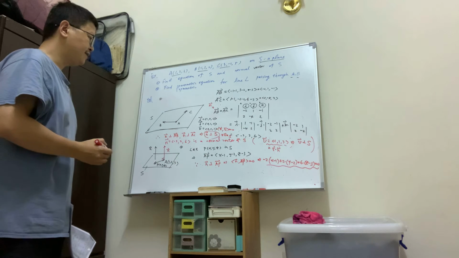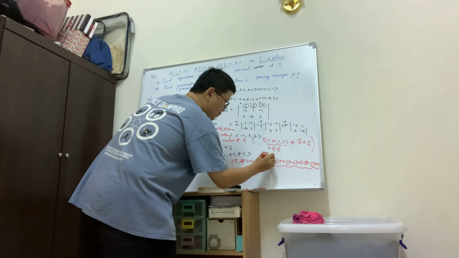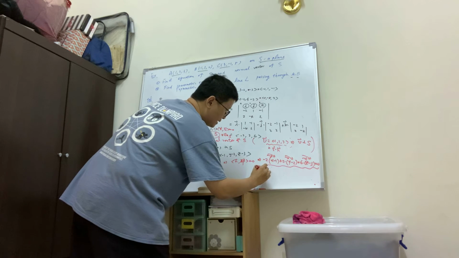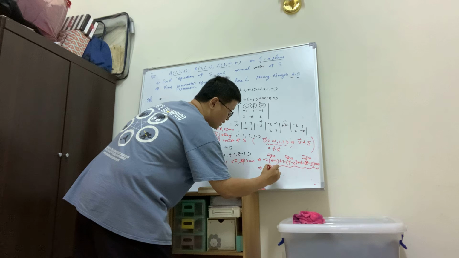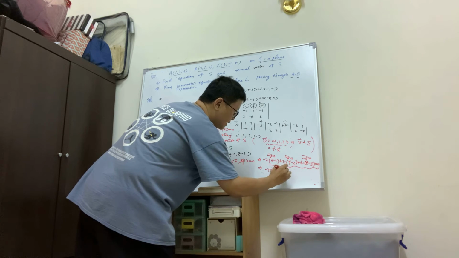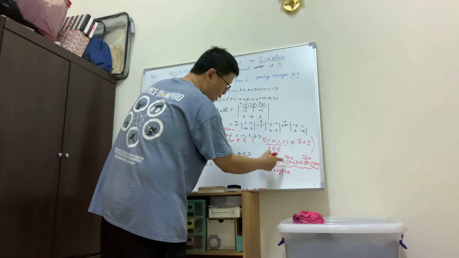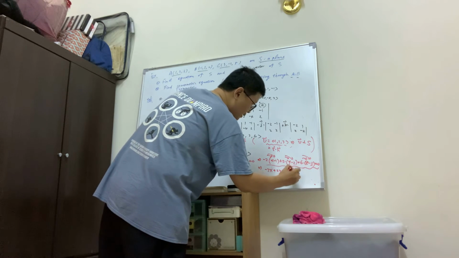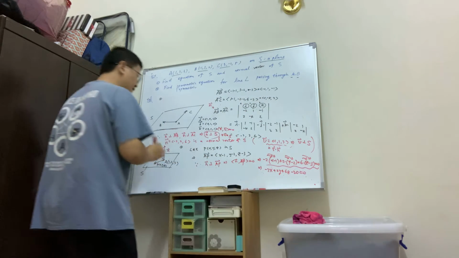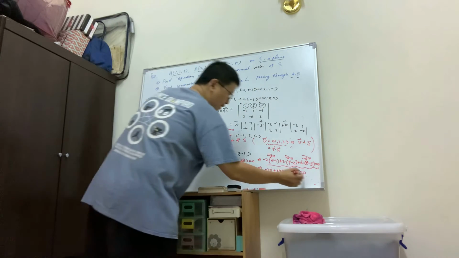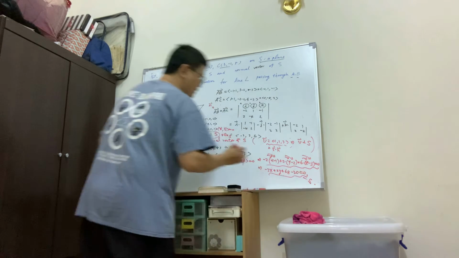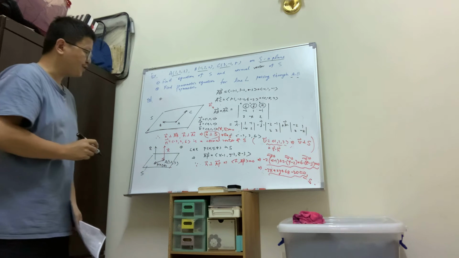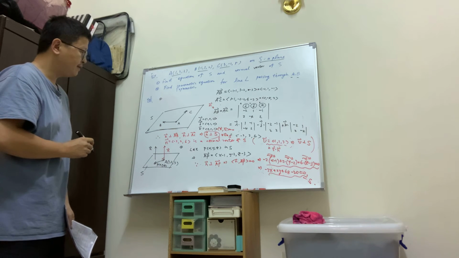After distribution and simplification, we get -2x plus 2y plus 6z, then plus 2 subtract 4 subtract 18, so it's subtract 20. And it's exactly our plane S. So it's the first way to figure out the plane.